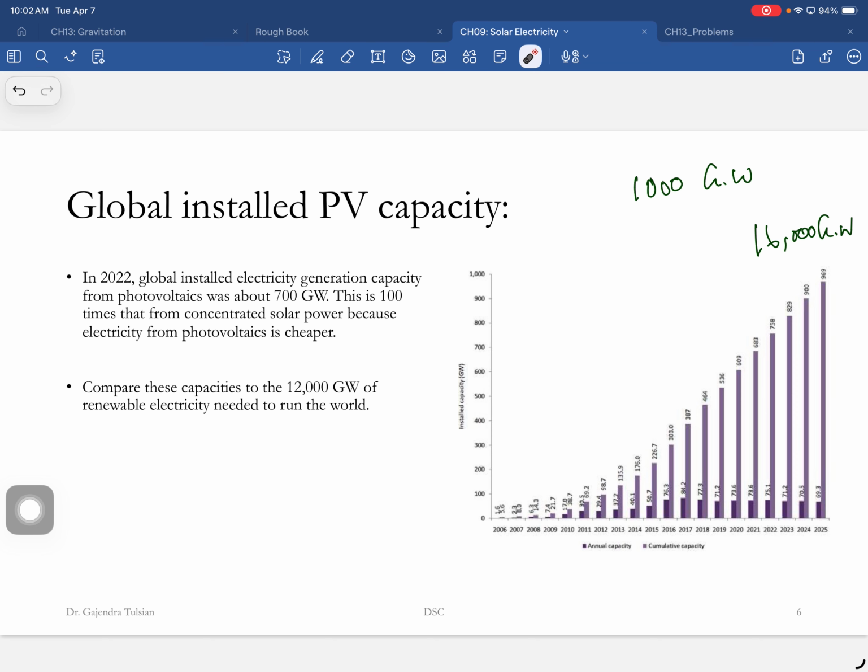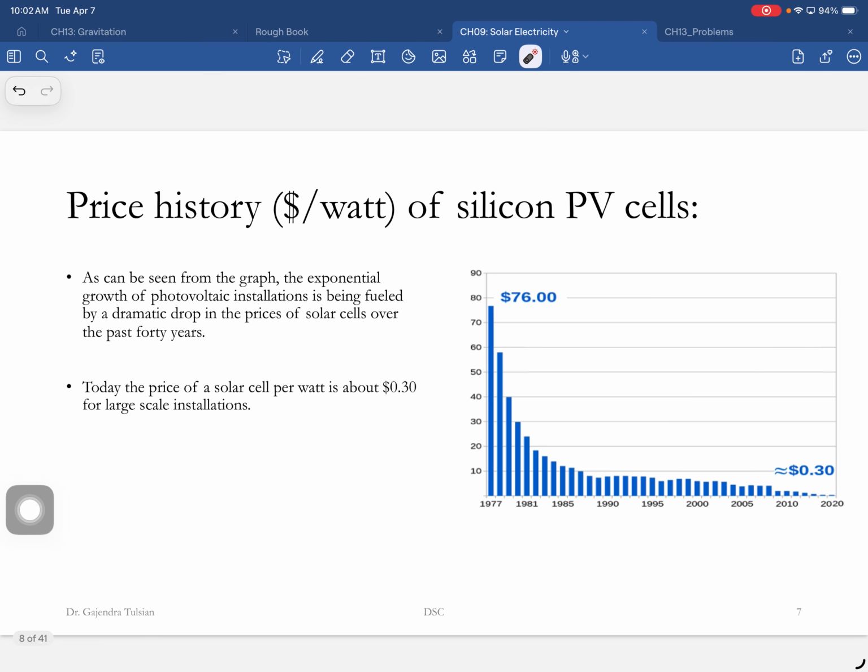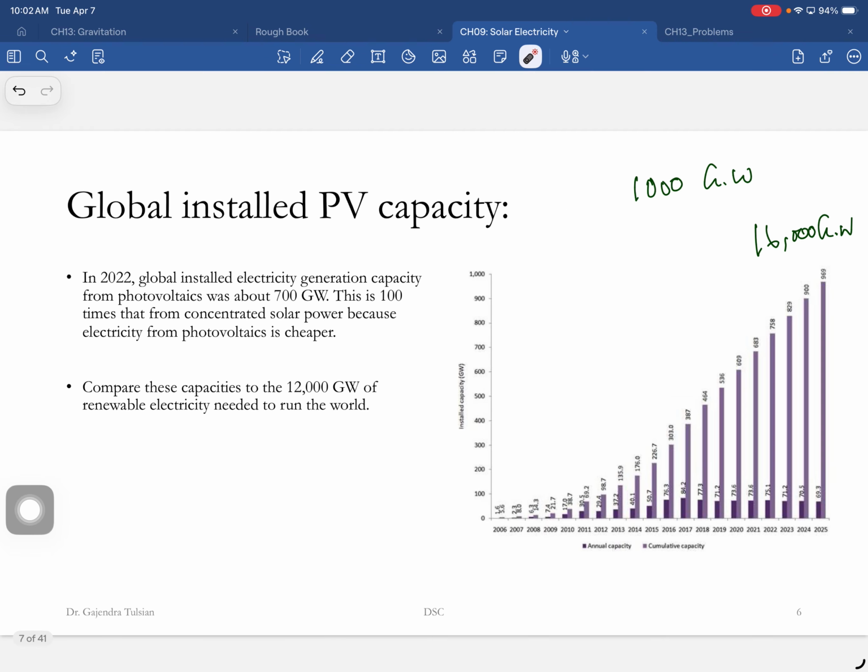A lot of money, 20, 30 years probably. Look at this. We're building 70 Hoover Dams worth of photovoltaic capacity every year. Photovoltaic panels are easy to install. Okay, this is very easy to do.